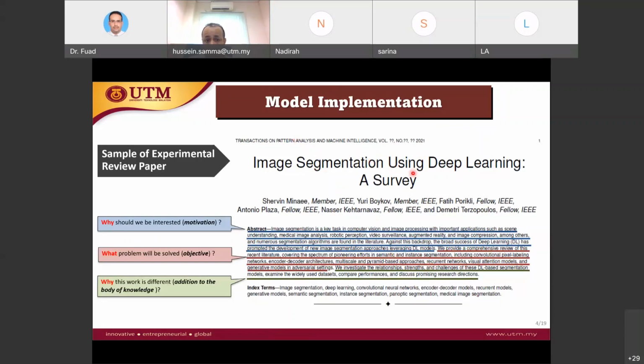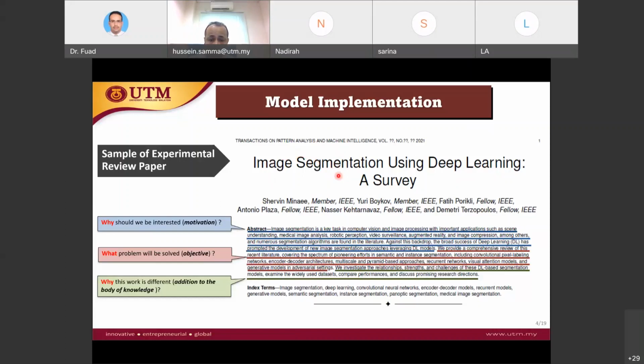Looking at the title of this paper, you can see they are talking about the problem of image segmentation. For segmentation, you have to select the appropriate model that will be applied for these kinds of problems. And here they are highlighting that they will cover all kinds of deep learning models already used in the literature for the problem of image segmentation.